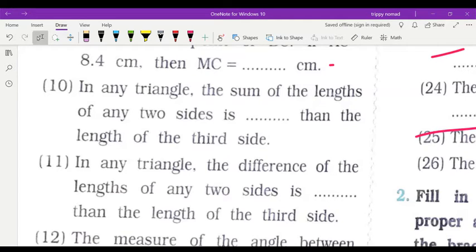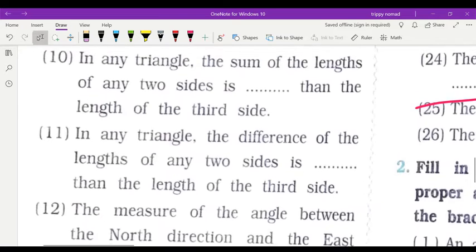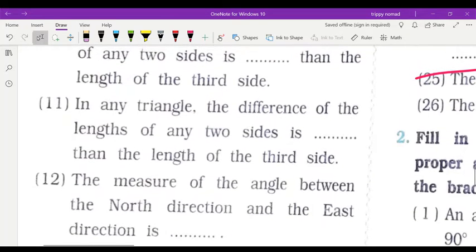Obviously you add two sides of the triangle and you get a sum that will be greater than the third side. You have to write greater than the length of the third side. Now we are going to start question number 11. You can write the answer directly without solving, on the basis of the definition and the sums you have solved in the textbook exercise.